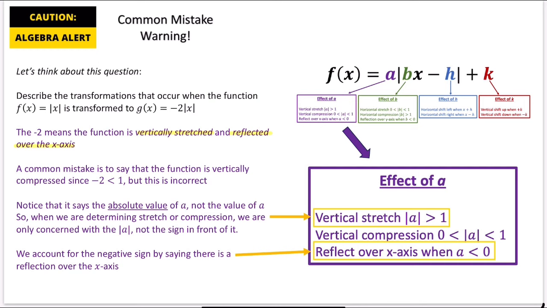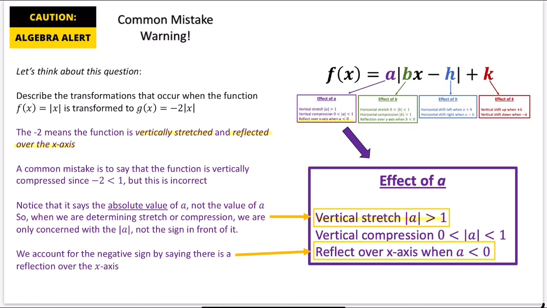So the reflection over the x-axis, that's not the part usually people have trouble with, right? Because we know that if a is negative, I'm going to reflect it over the x-axis. But a lot of times I was seeing that people were saying the graph is vertically compressed since negative 2 is less than 1, okay? People are looking at this part of the chart and saying, okay, well, I have negative 2 and that's less than 1, so how can it be a vertical stretch?